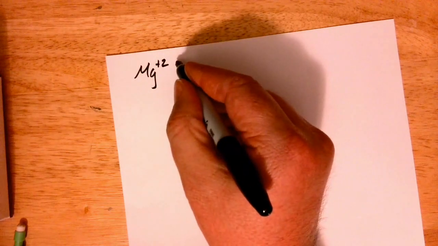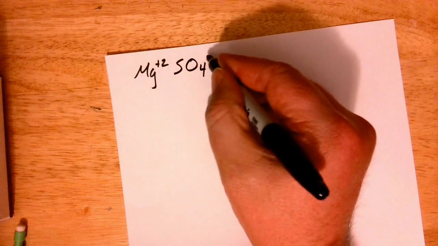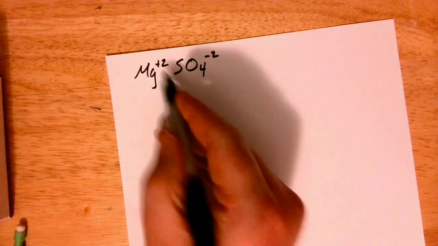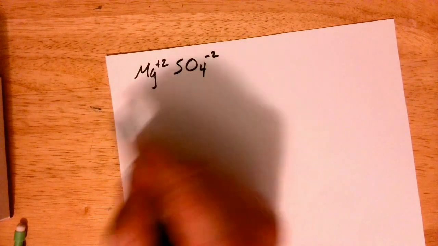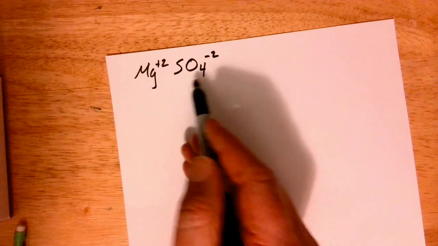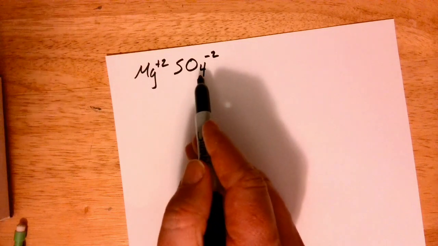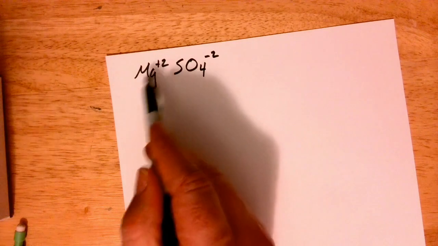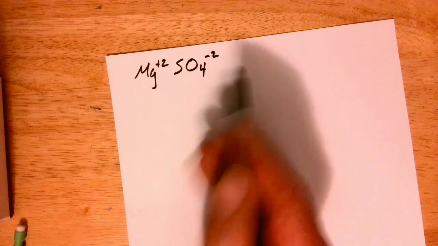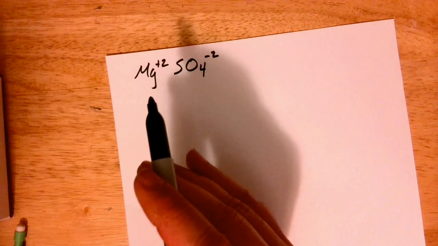Sulfate is one of your polyatomic ions, which is SO4 -2. So you have +2, -2, charges balance out. Now can you see why knowing the difference between sulfate and sulfite and thiosulfate is going to change the number of your elements, which is then going to change the value of your total mass of the compound, which is going to play an even bigger role later on.